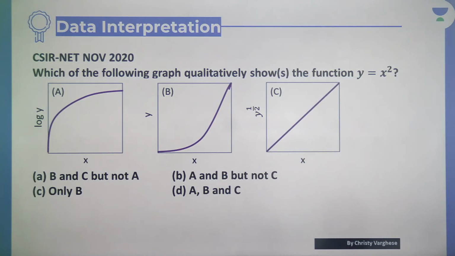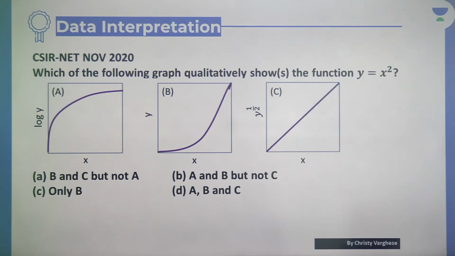This is based on a line graph. This question needs some basic idea of graphs, especially graphs related to logarithm.